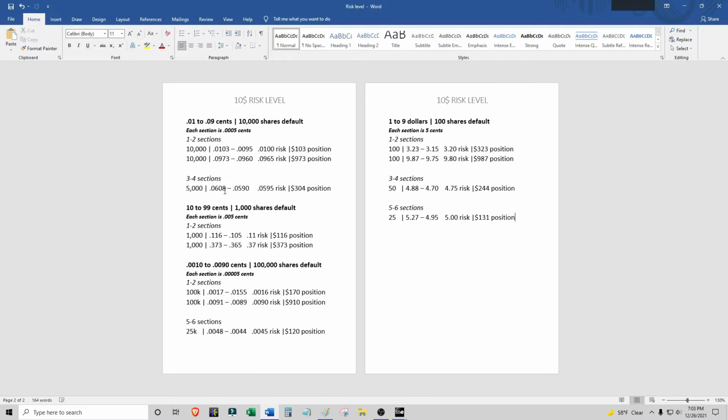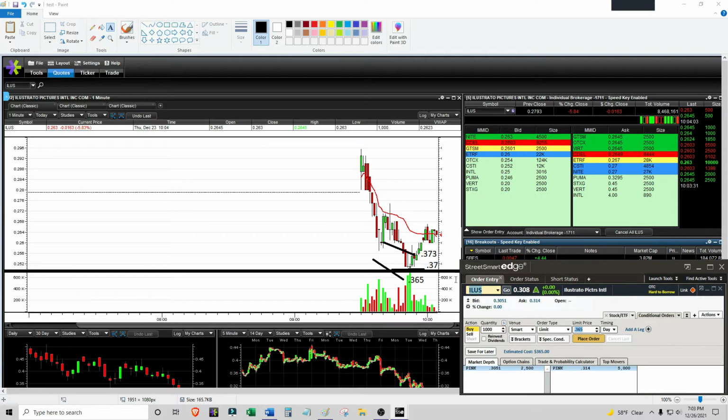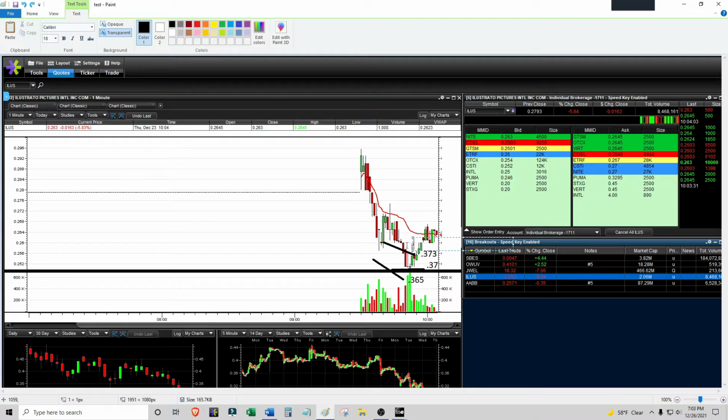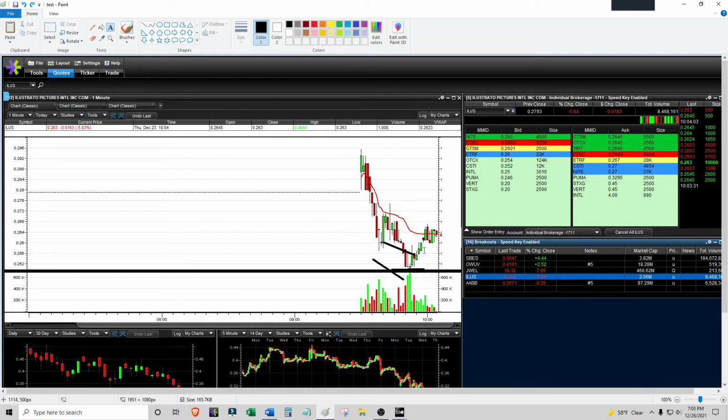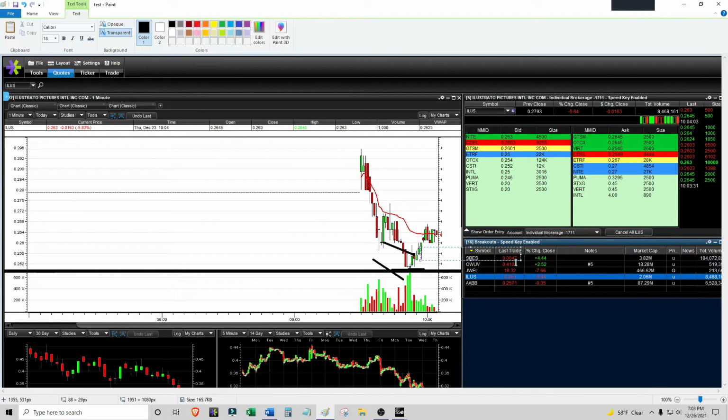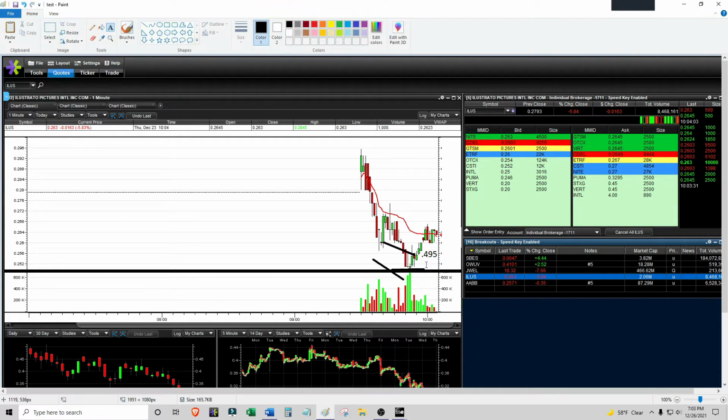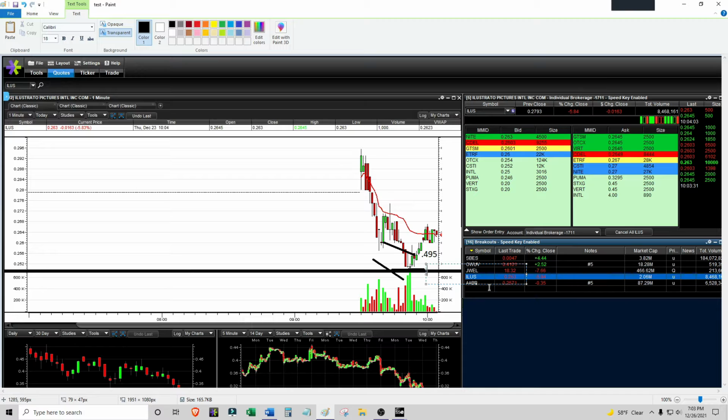Let's go over an example where we have to divide the shares in half, which in this case is 5 to 6 sections. Wait, actually no, that's sub penny level. I guess I don't have an example that I wrote for this price level, but let's just make one up. Let's say we're at 49 and a half cents, and our risk level held 47.